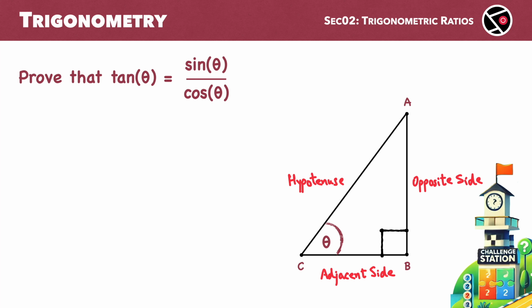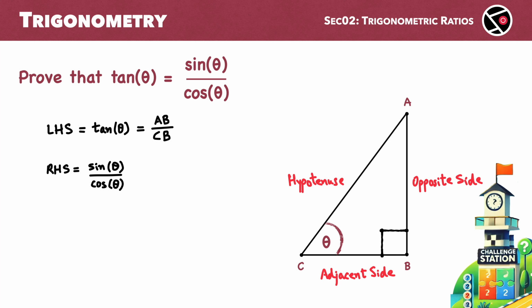Let's start with the left-hand side, tan theta. By definition, tan theta is the ratio of the opposite side to the adjacent side, which in this case is AB by CB. Now let's look at the right-hand side, sin theta by cos theta.